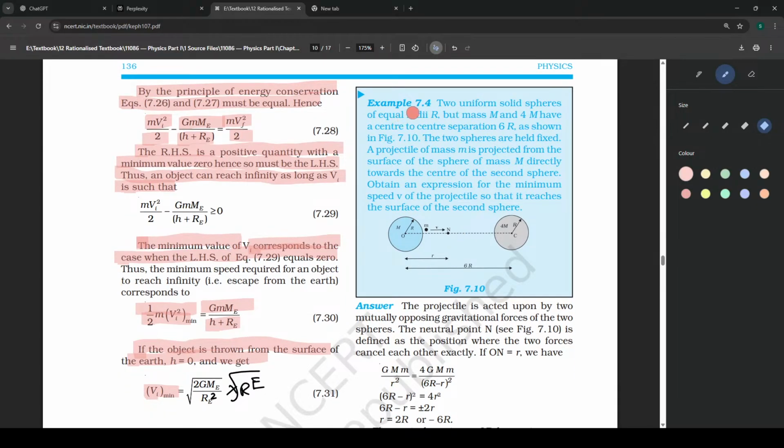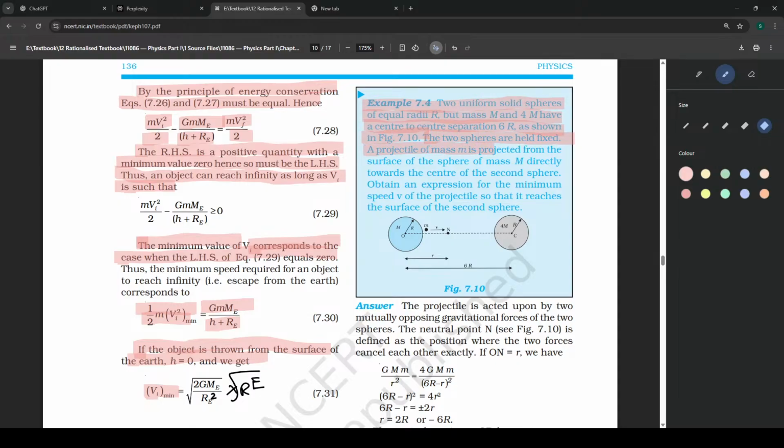Now let's see an example here. Two uniform solid spheres of equal radii r but masses m and 4m have a center to center separation of 6r, as shown in figure 7.10. The two spheres are held fixed.